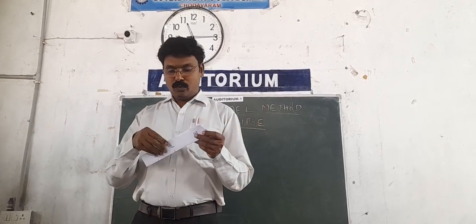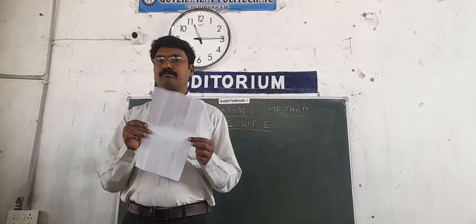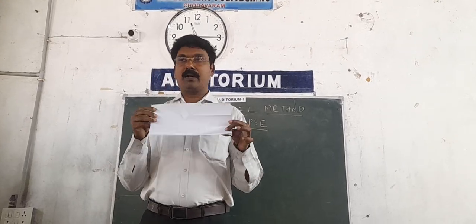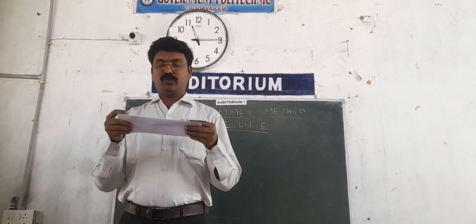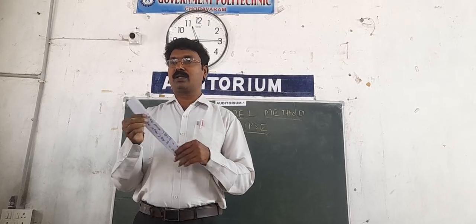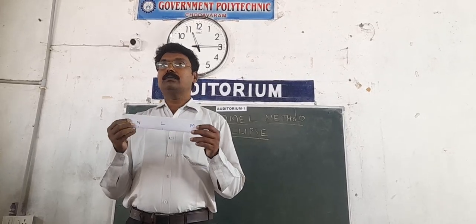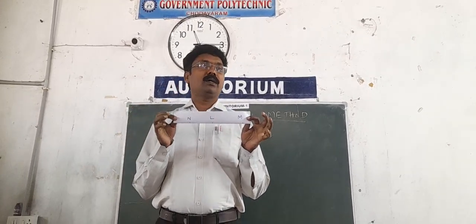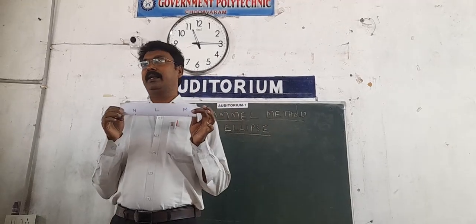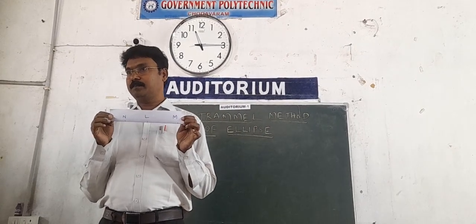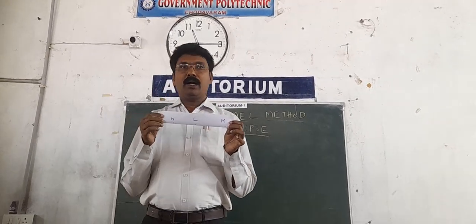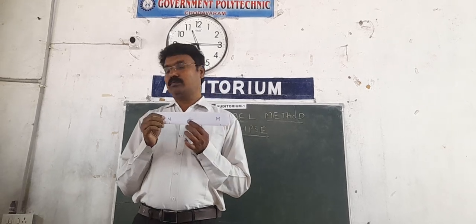Take one piece of paper. Fold it, 4 folds or 3 folds or 6 folds. Now on this paper look at M and N, and then ML also.